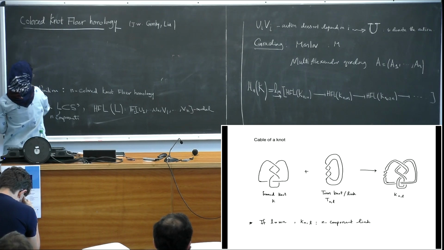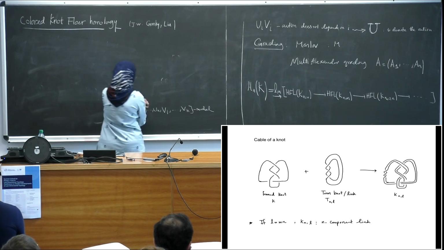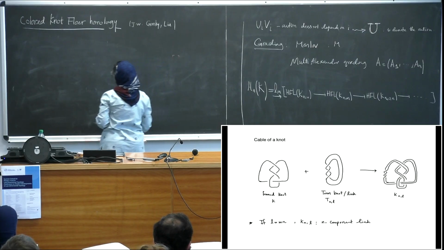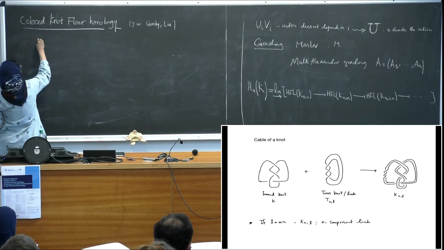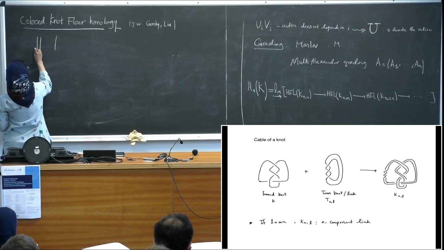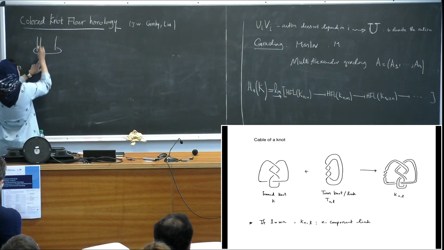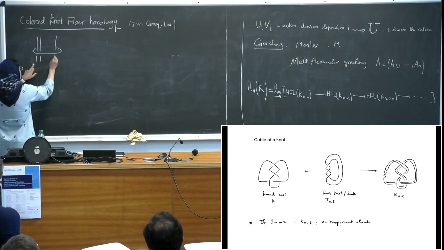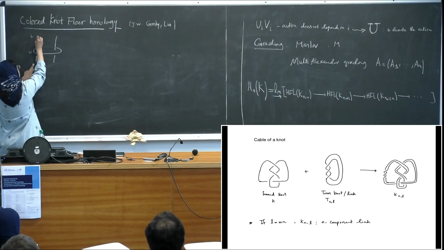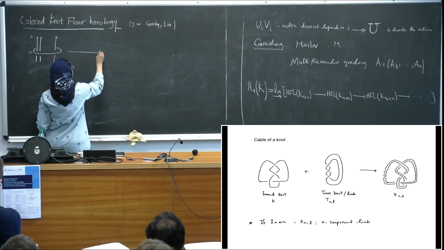Let's say I have an n-component link, and these are distant components of a link. I have an unknot that goes around it, and everything is oriented the same way.